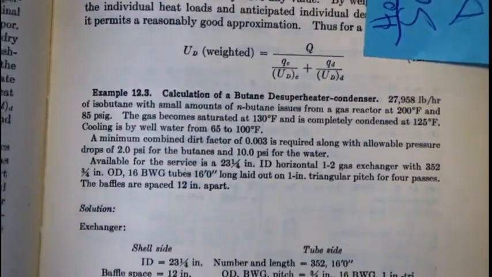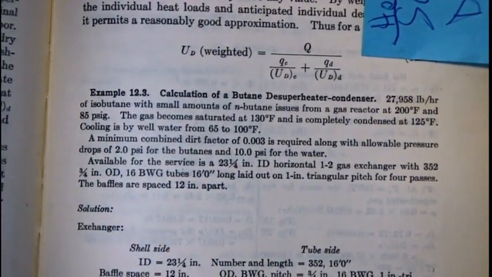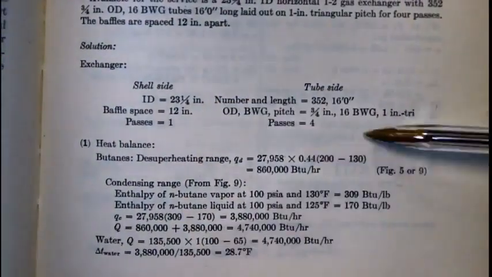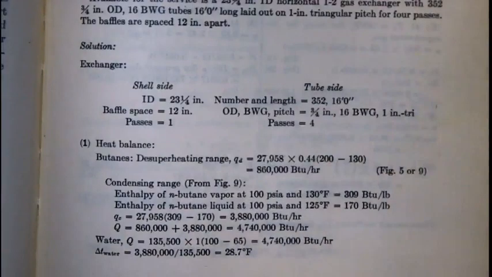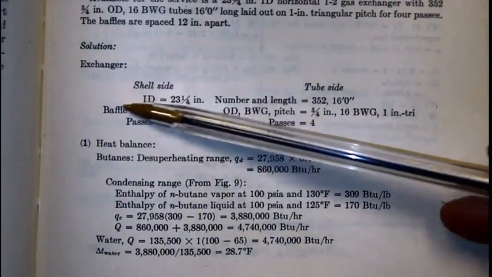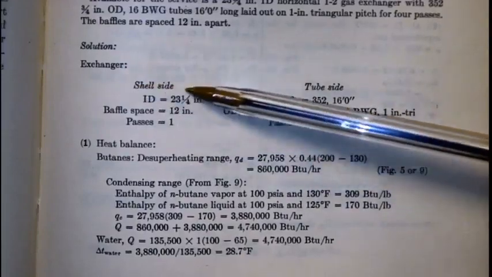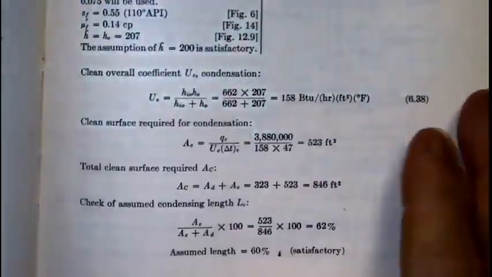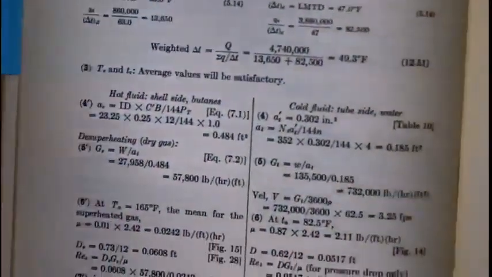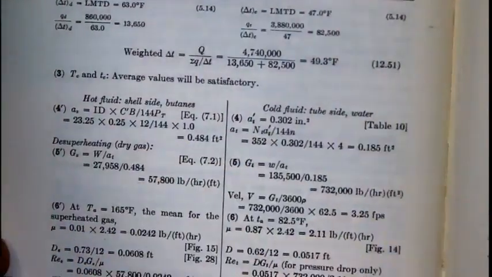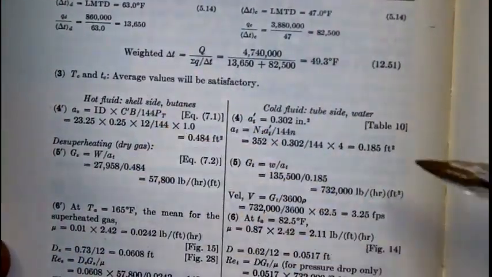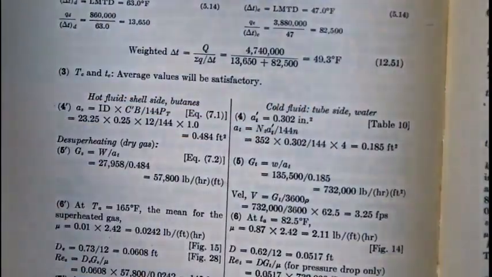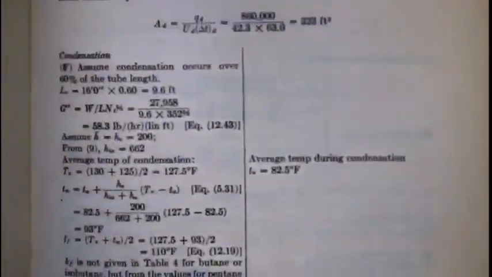But if I take a look at this, I have shell side calculations and tube side calculations. This is the type of equipment, a shell and tube heat exchanger. It has an outside shell and lots of inside tubes. If I turn the page, I can see quickly that I have very detailed calculations here and very detailed calculations there, and a standard procedure in calculating this thing.